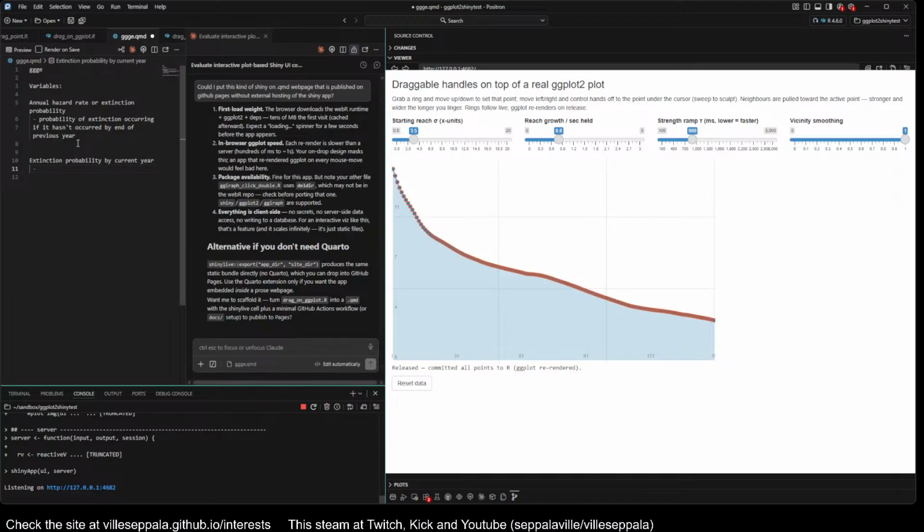So the survival probability is just the inverse of the extinction probability by some year.